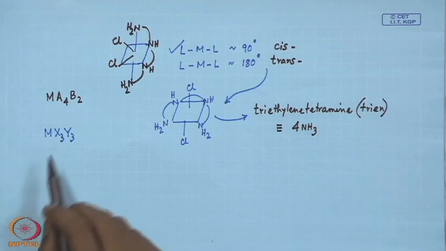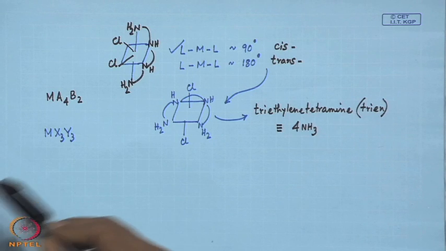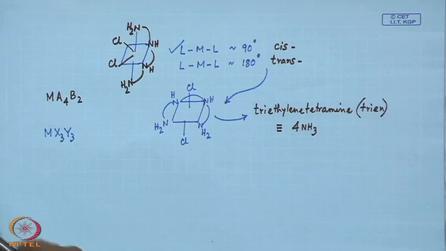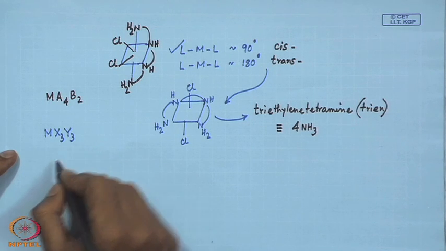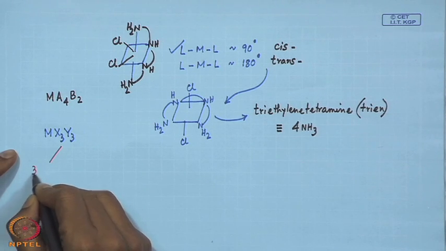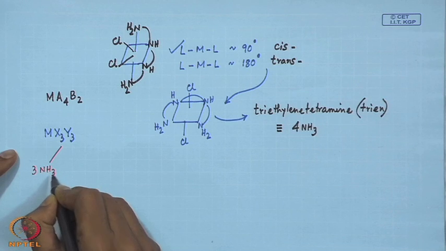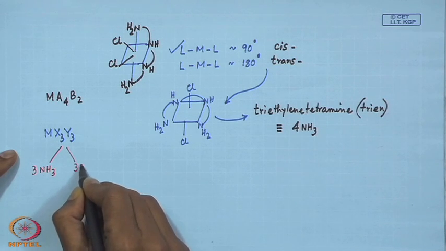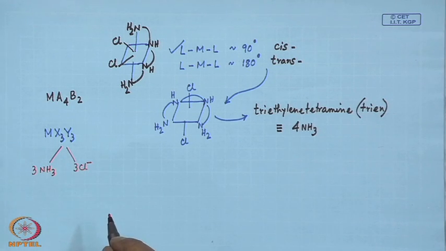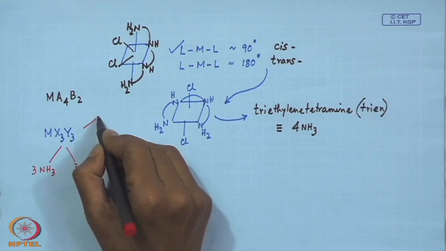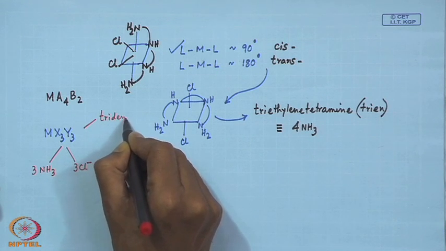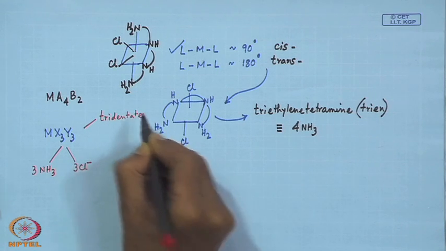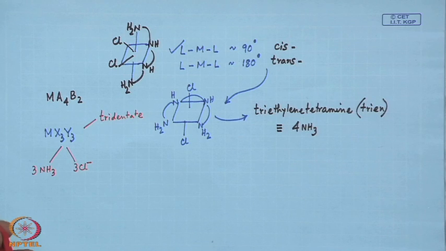Now we see that in this particular case, when X and Y are both 3, either we can talk about 3 NH3 and 3 chloride groups, or we can have a situation where one is a tridentate ligand.